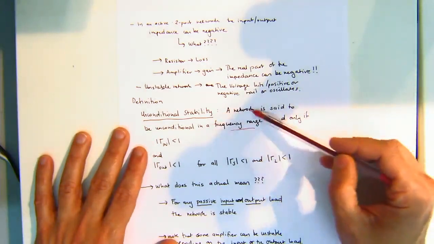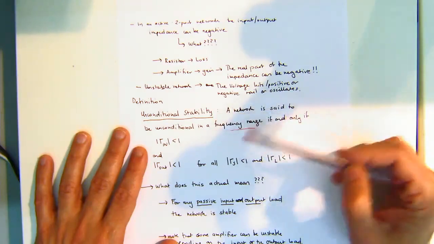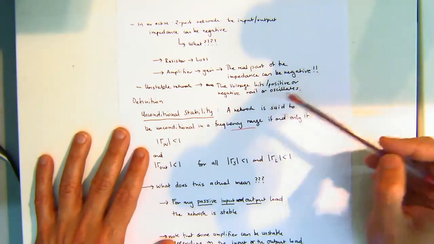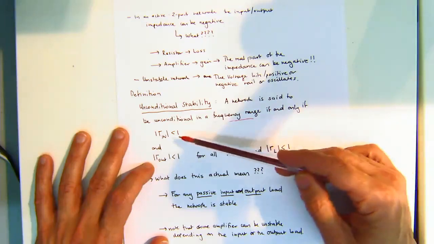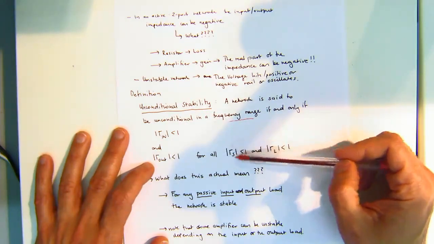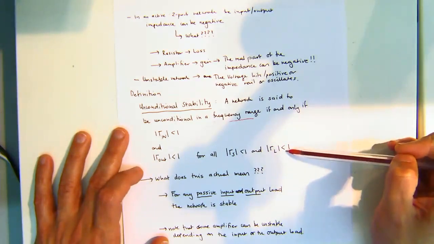But at least as far as this lecture is concerned, we're going to look at a particular frequency range, and we say that a system is unconditionally stable if the input and output reflection coefficients are less than 1 for all source and load reflection coefficients less than 1.